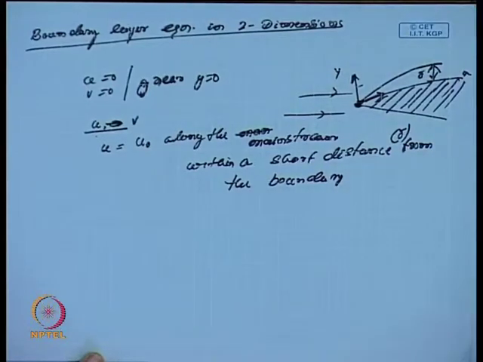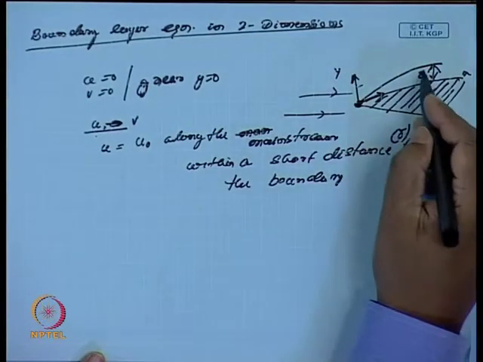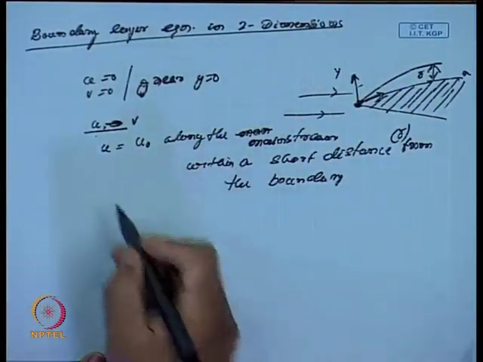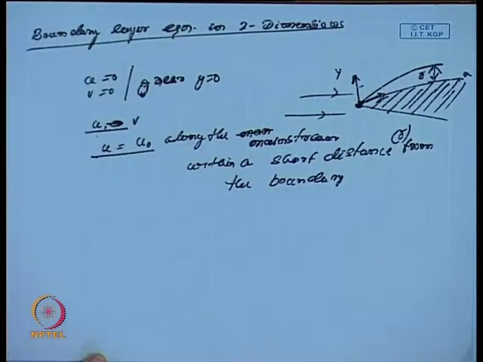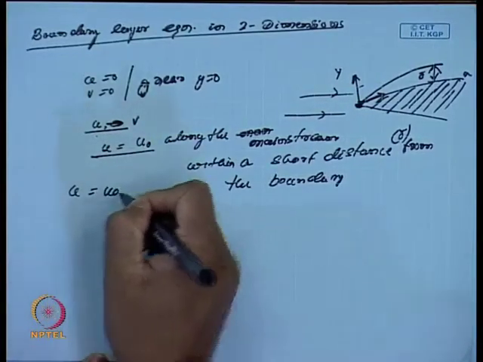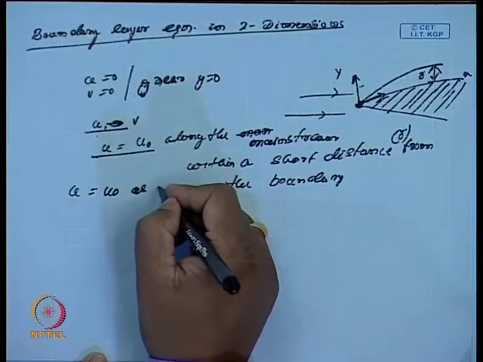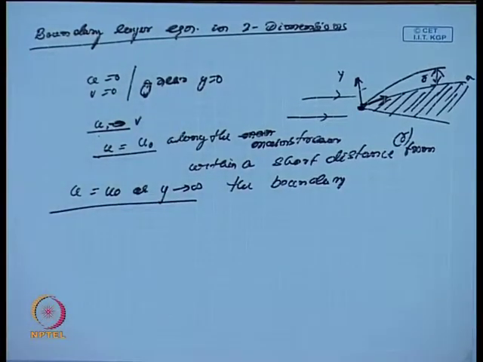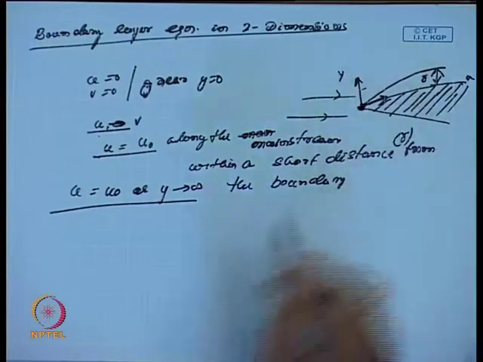Beyond this, u is equal to u naught. Sometimes we also say u is u naught as y tends to infinity. Or we can also say that u is equal to u naught when y is greater than delta.